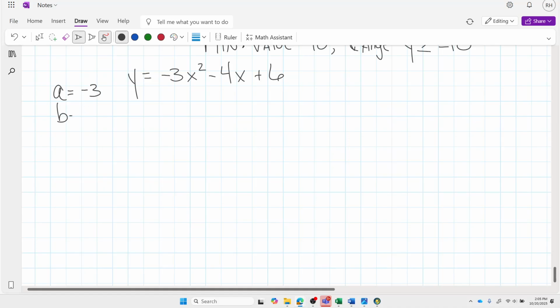What's the b? We don't really need c, but it's 6. So we're going to find x at the vertex. So we're going to say x at the vertex is equal to the opposite of b, which is negative 4, over 2 times a.